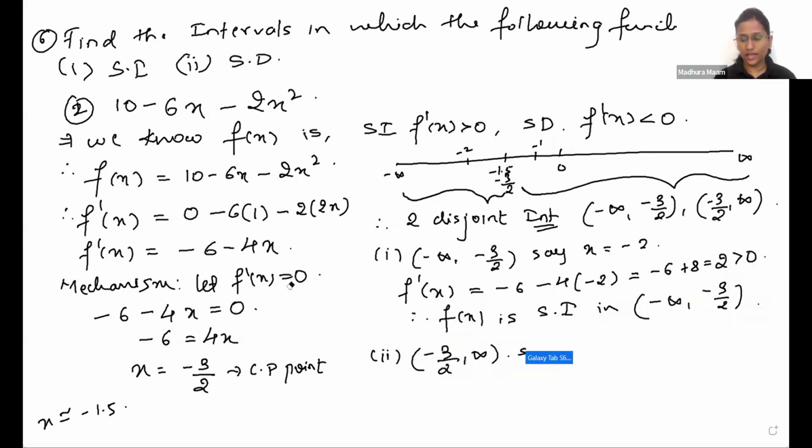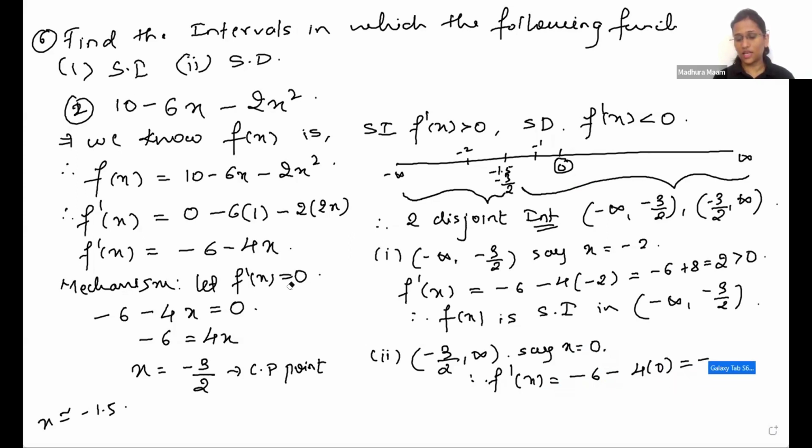Similarly, you take the second case, that is -3/2 to infinity. Now you can take any value of x in this interval. Always 0 will be most helpful because many terms will become 0 there. So this interval includes 0, correct? So yes, I will take x as 0. Therefore f dash of x is -6 -4 into 0, so the answer is -6, which is less than 0.